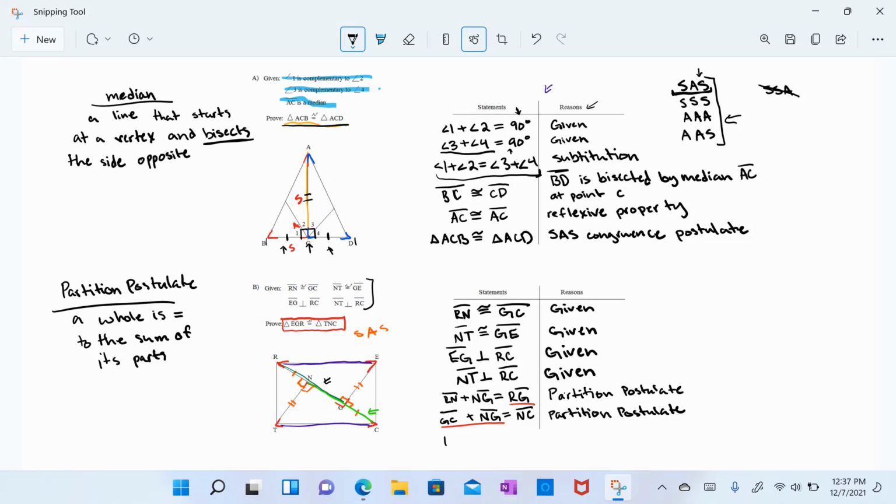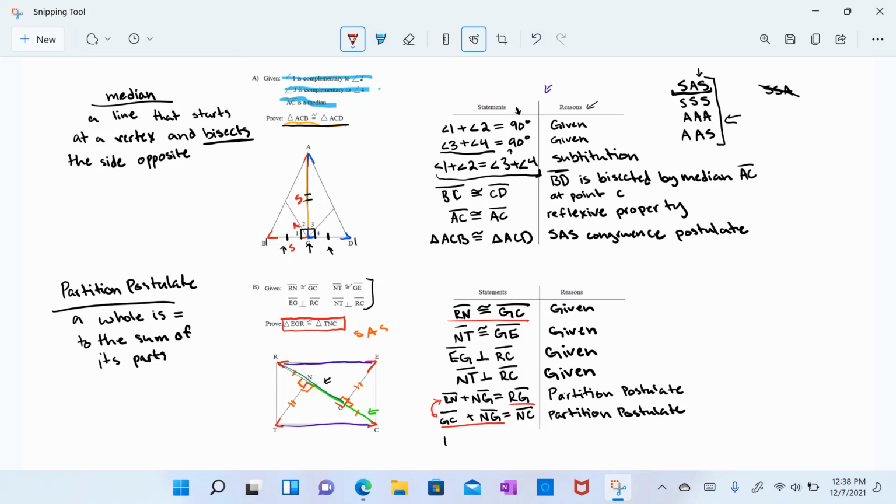So we can substitute RG for GC plus NG because we know that RN and GC are congruent. So we can interchange these two.